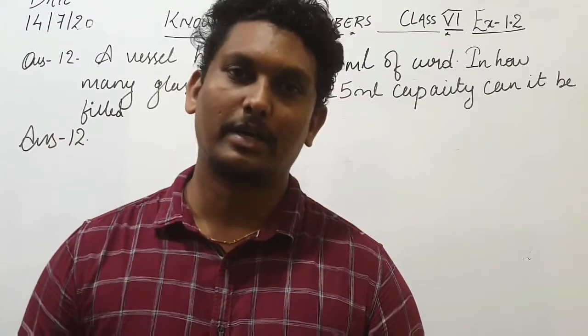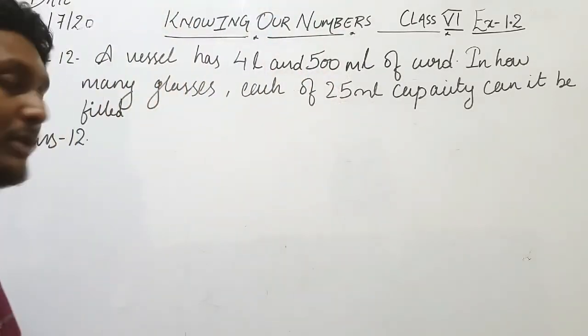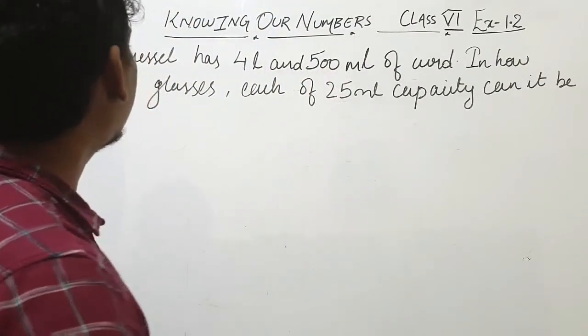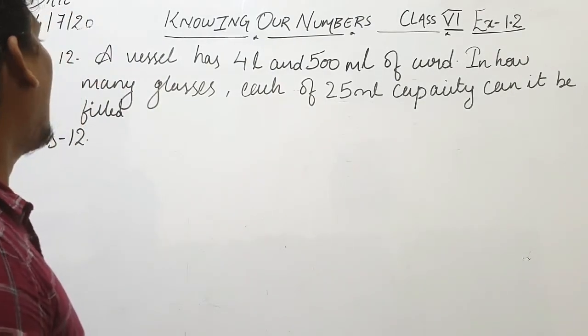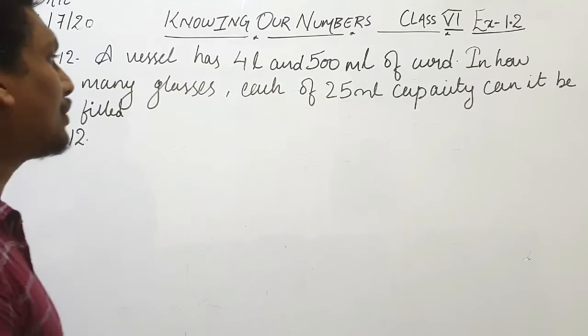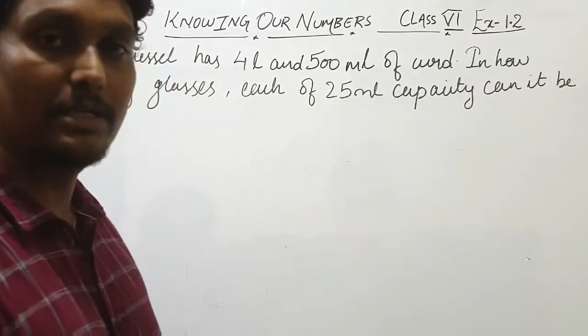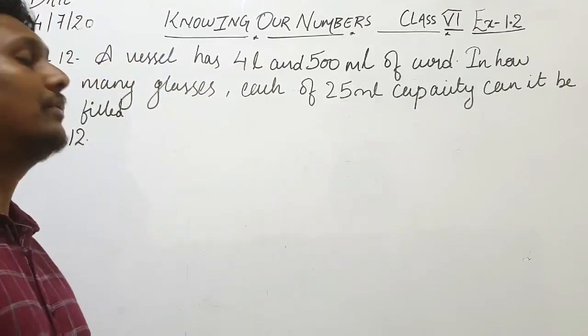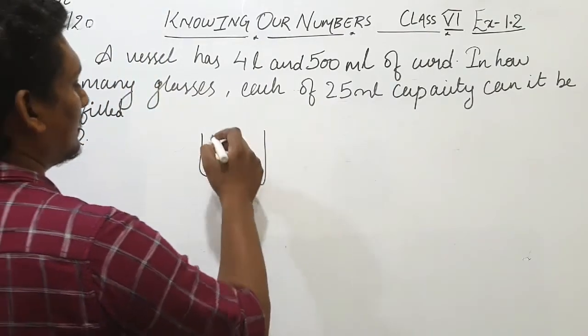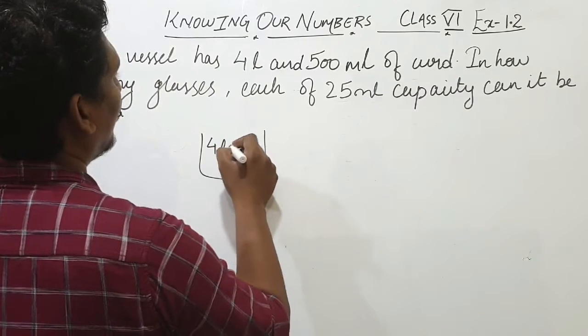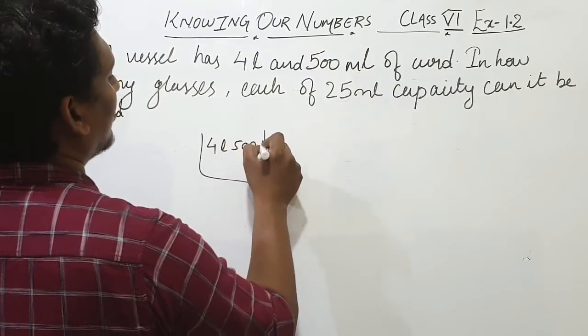Last question of exercise. Question number 12, I am going to read the question. A vessel has 4 liter and 500 milliliter of curd. In how many glasses, each of 25 milliliter capacity, can it be filled? Okay, so there is a vessel of 4 liter 500 milliliter.